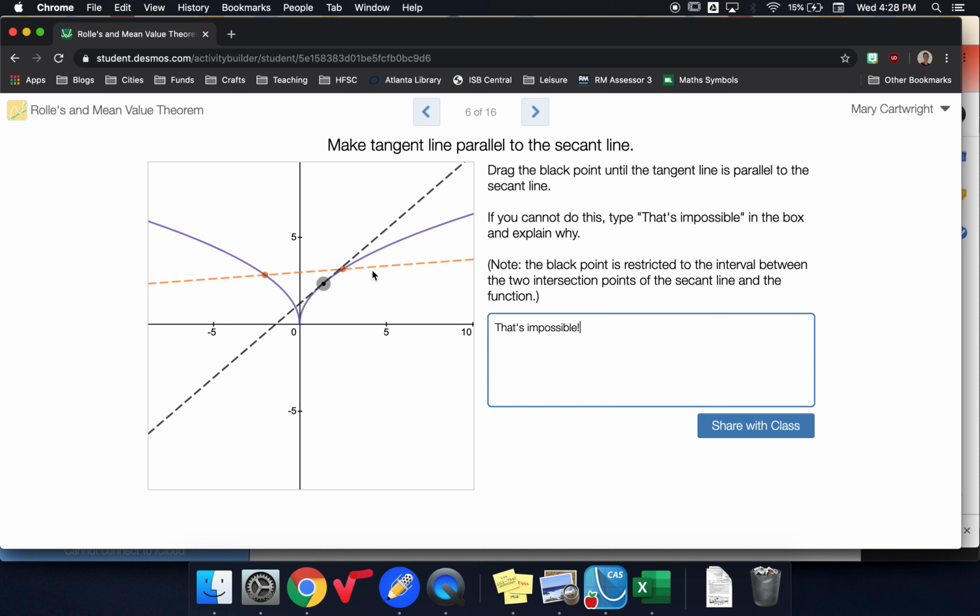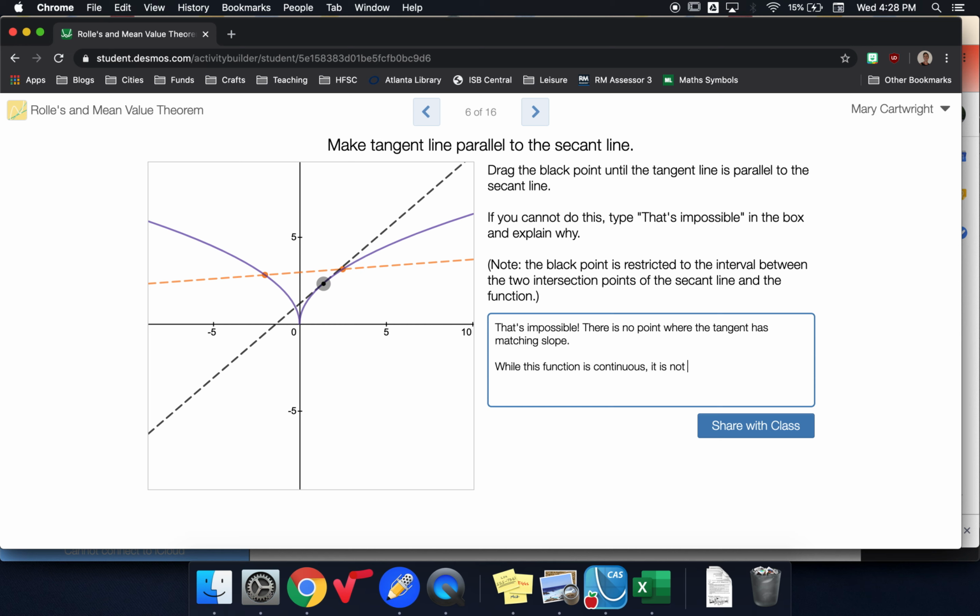And we can't do it because there is no point where the tangent has a matching slope, while this function is continuous.